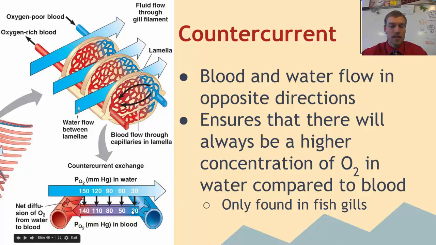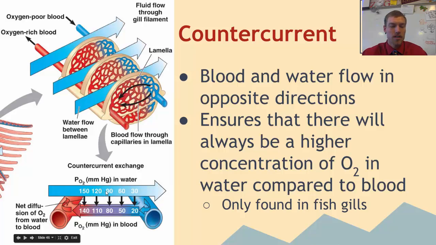And the way that this occurs is that the blood is moving along in the opposite direction as the water. The water starts off with a high concentration, the blood starts off with a low concentration. The water is going to be diffusing the oxygen gas continuously into the blood. So the blood is going to be slowly increasing in concentration, meaning that the most concentrated blood is going to be at the part where there is the most concentrated water, which makes sense because there's still going to be enough partial pressure of oxygen in the water in order to diffuse into the blood.